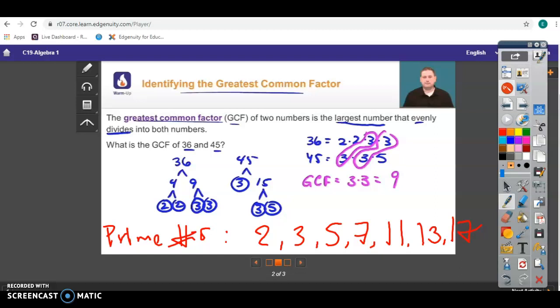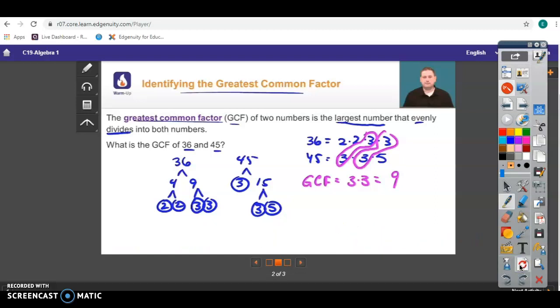There's more, okay? But you can Google them. You can also use the calculator, guys.